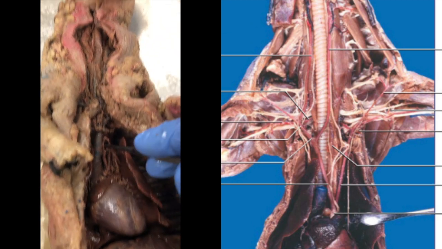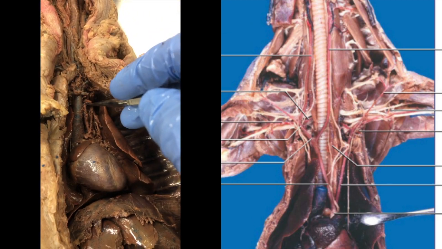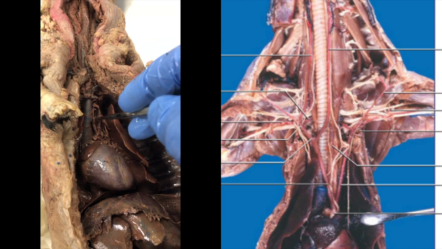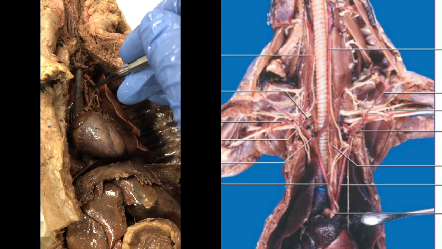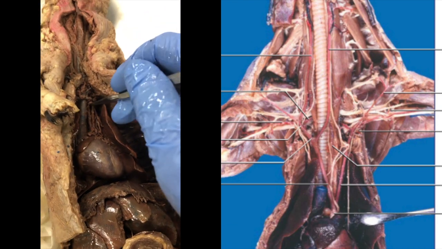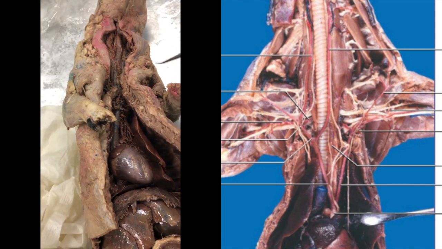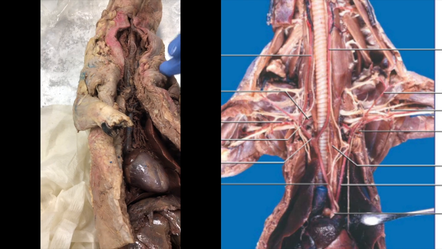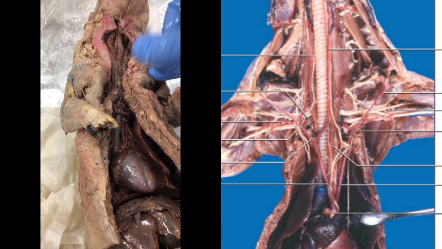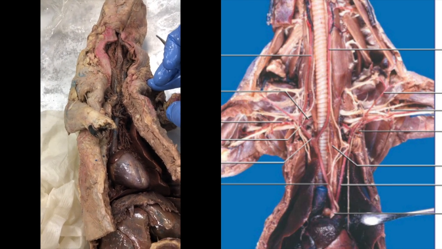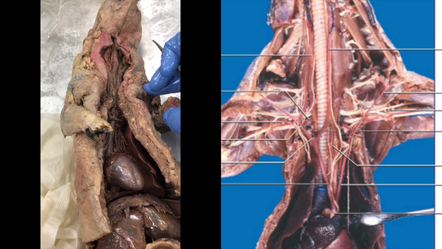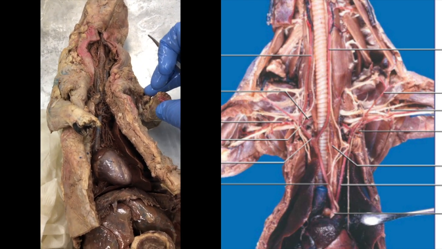So you can follow it. That right there is heading off to the right. On the left, there's another artery that heads out, and that's the left subclavian artery on the Mink, until once again it gets to the left arm, exits the body, and becomes the left axillary artery, and then the left brachial artery.